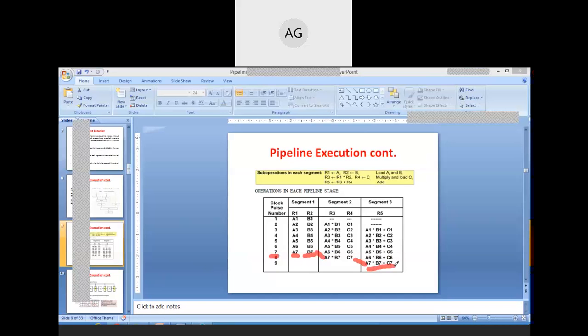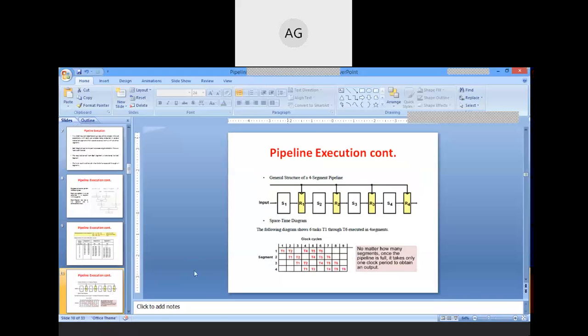As we have only 3 segments, the clock cycle time in the case of the pipeline is 9, because A7 and B7 stands in segment 3 at the ninth clock cycle. That is all we studied in the previous class.